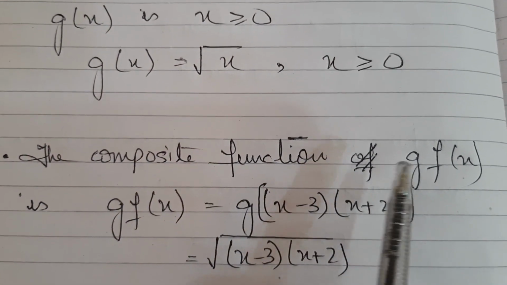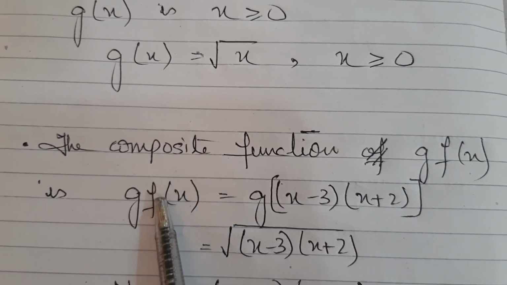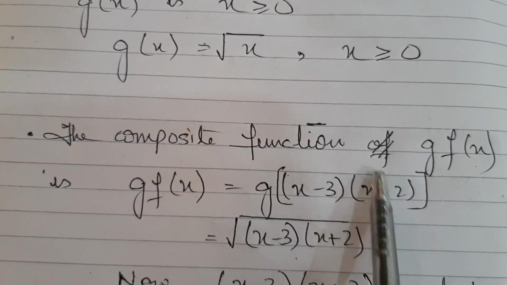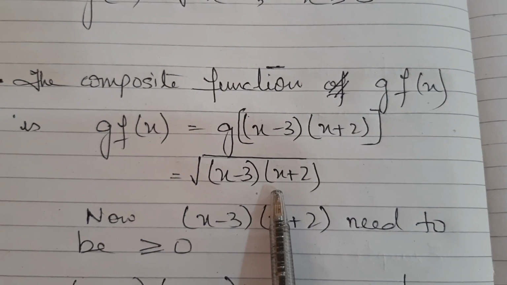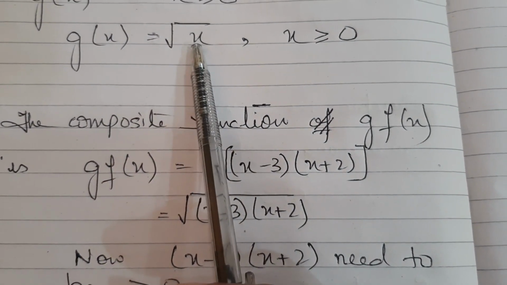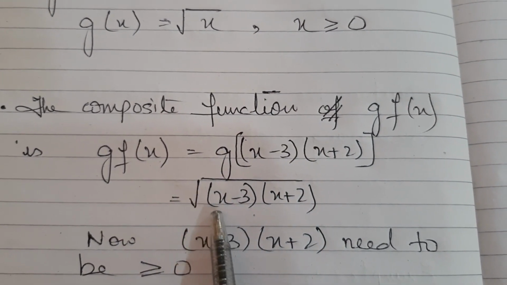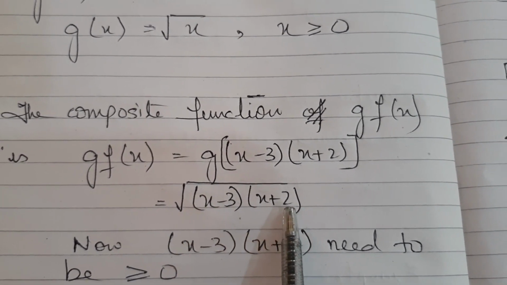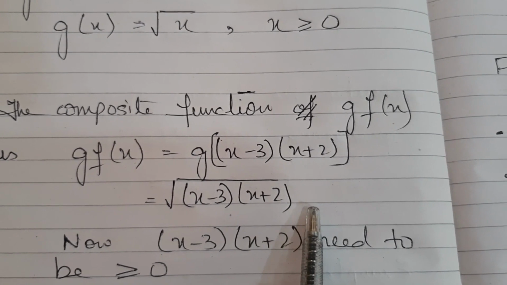Now the composite function g of f of x is, I'm substituting function f in place of x in function g. I have substituted, right? Now, because this is true if x is greater than or equal to 0, I will see what are the values of x for which x minus 3 and x plus 2 can give me a result greater than or equal to 0.